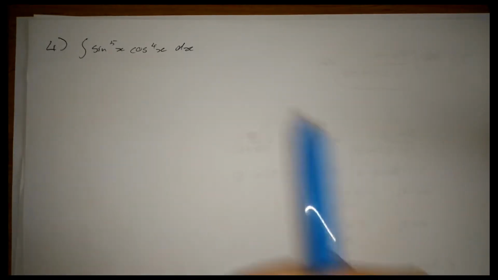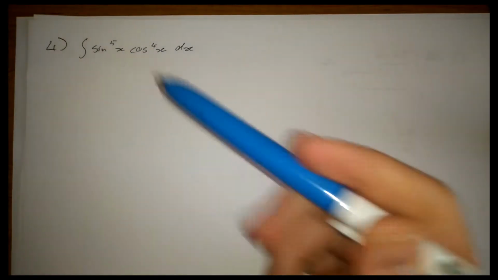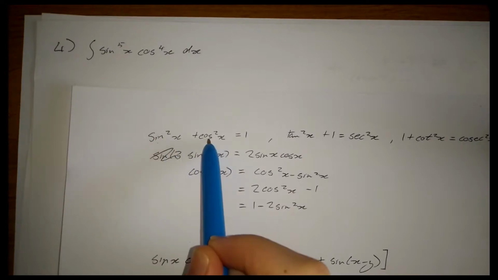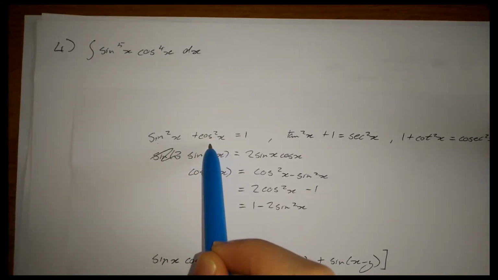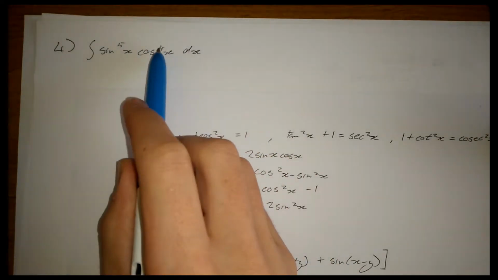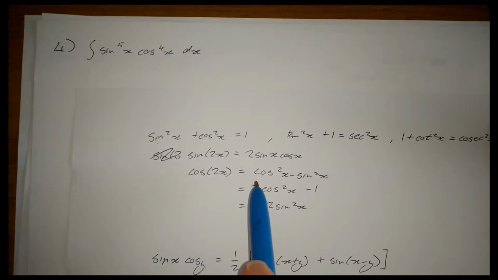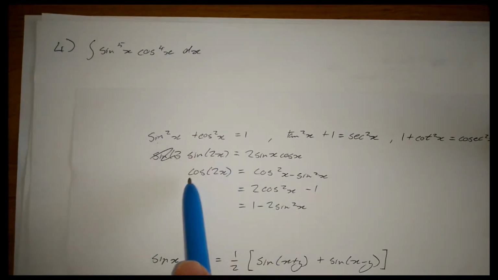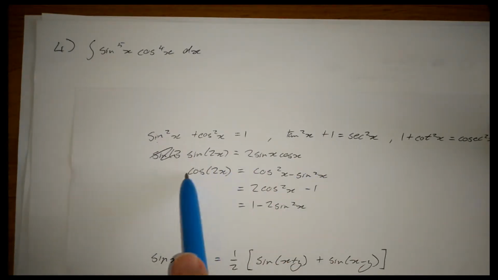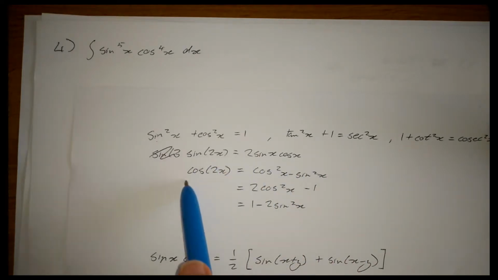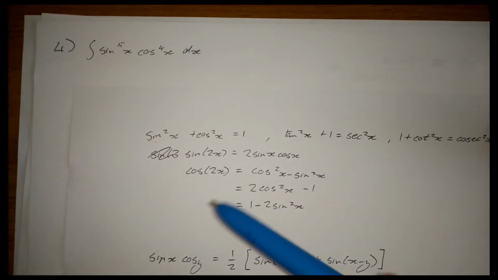So if you have an odd and an even power up here, what you'd need to do is use this identity over here: sine squared x plus cos squared x equals 1. If both of these were even, then you'd use the cosine identity to get rid of all the even powers and just get in terms of cos 2x. Okay, so let's use the identity.